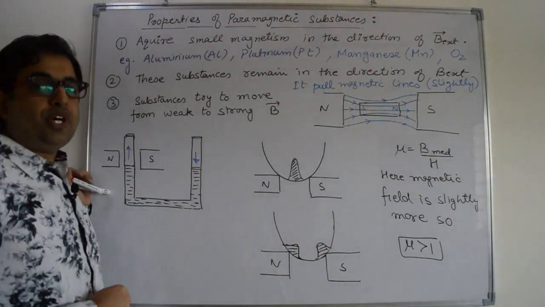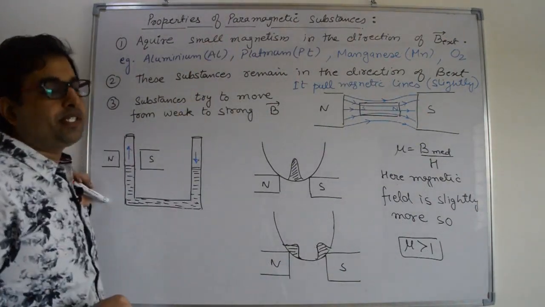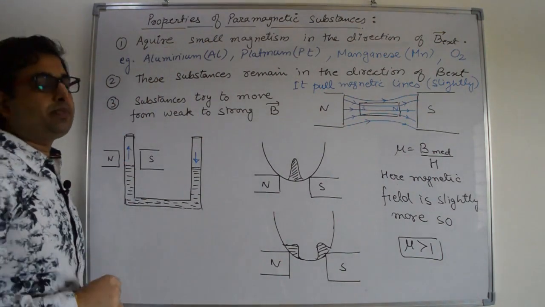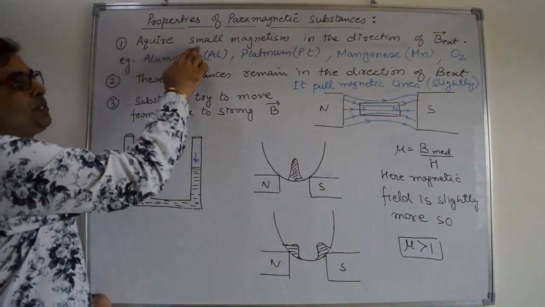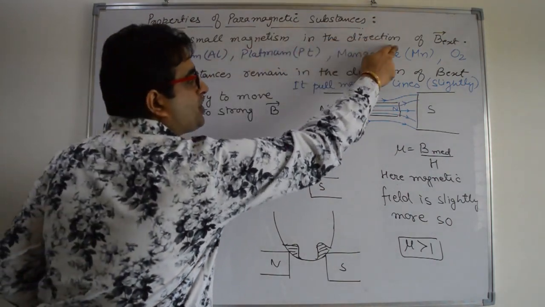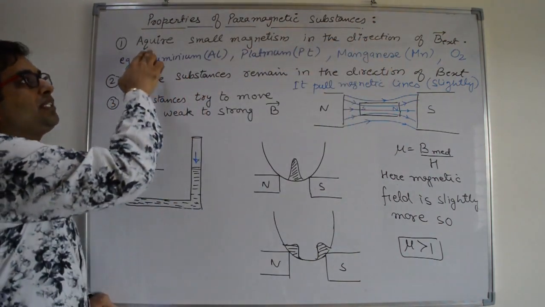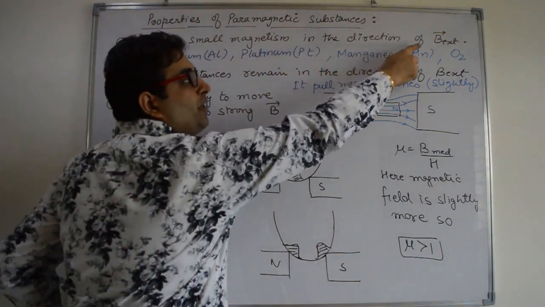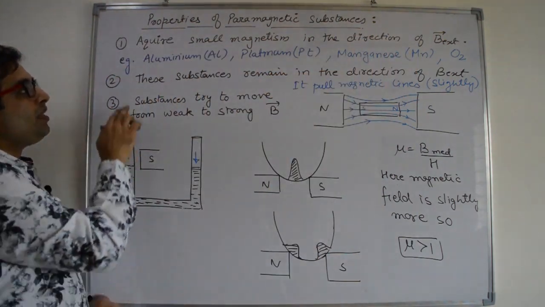Now properties of paramagnetic substances. First property is the basic point. A paramagnetic substance acquires small magnetism in the direction of magnetic field. This type of material will magnetize in the same direction as the magnetic field.